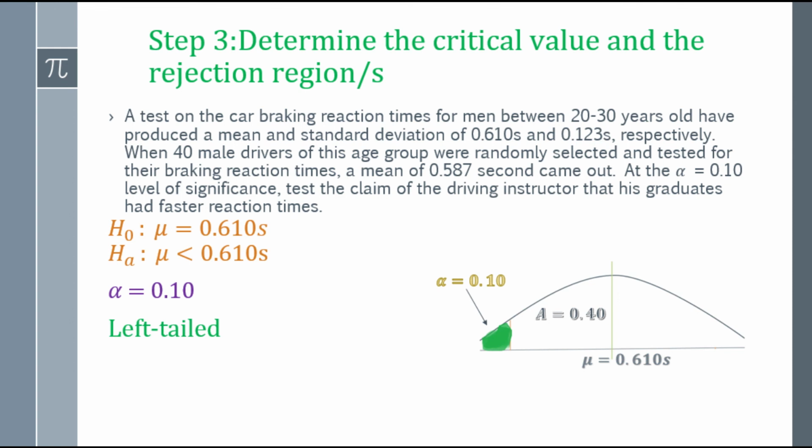Okay, so dahil left-tailed to, hanapin na natin yung C-value. So, we have 0.10 ito sa critical region at yung layo niya dun sa center, so 0.5 minus 0.10, that will be 0.4. So, doon ko nakuha yung layo from center to the critical region, that is 0.4. Okay? So, yun yung gagamitin natin para mahanap yung C-value.